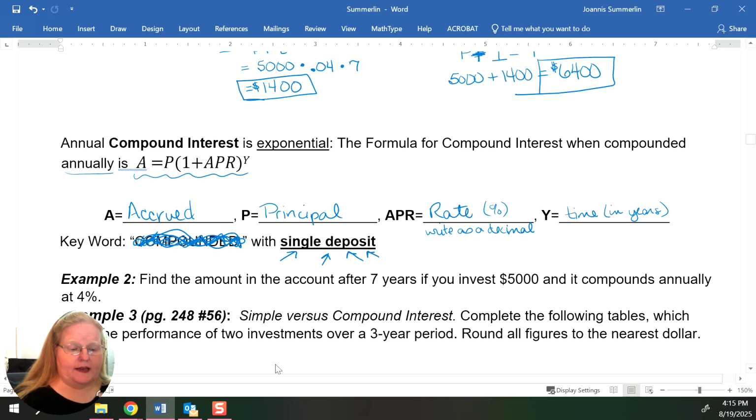So that means I get to use this formula. My P is 5,000, parentheses, 1 plus my percent is 0.04, close parentheses, my exponent is 7, and you can put this in your handy dandy calculator. Type it in just like you see it.